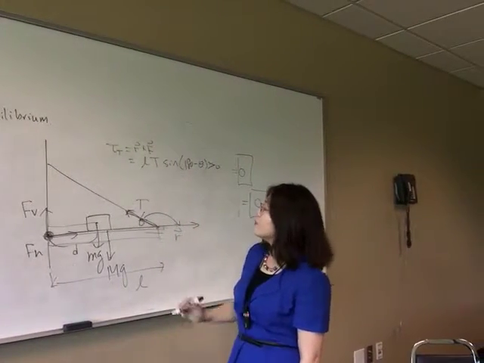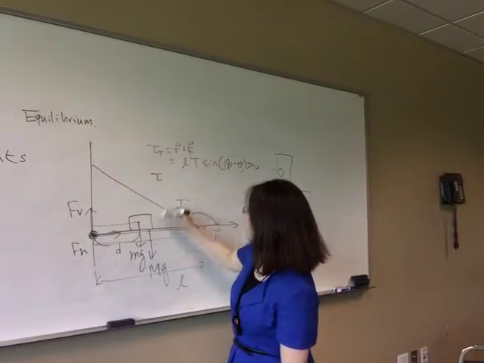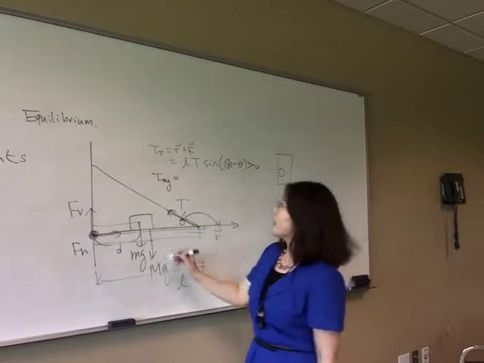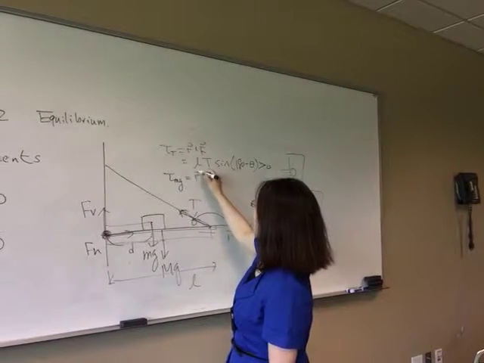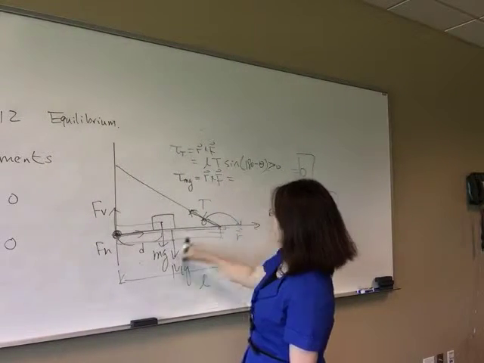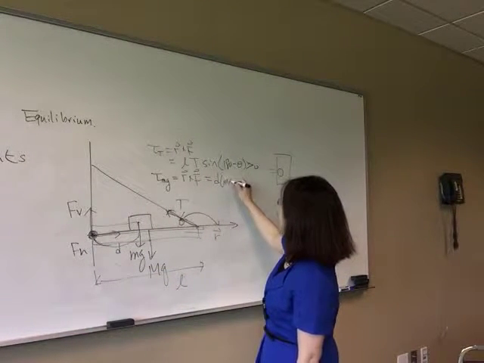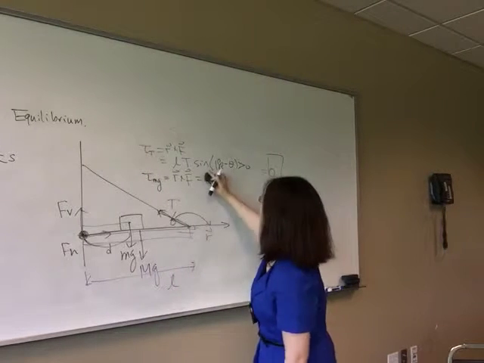Now, what about the torque produced by the block, that little mg here? Let's say it is still R cross F, and your R here is this D, and your F is your little mg.